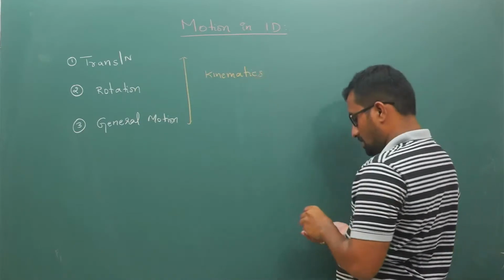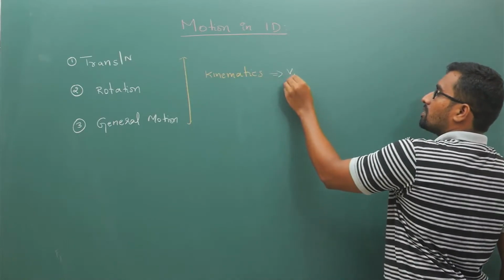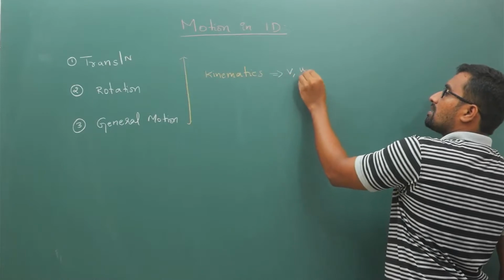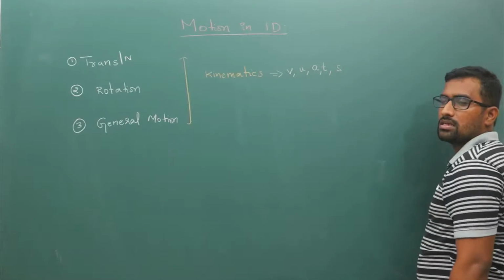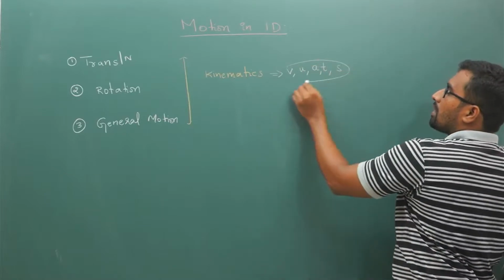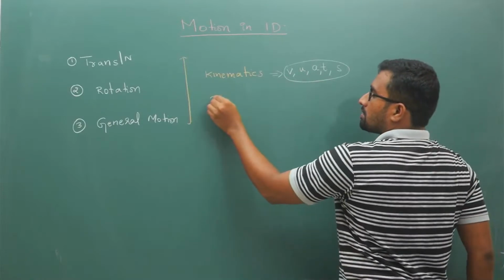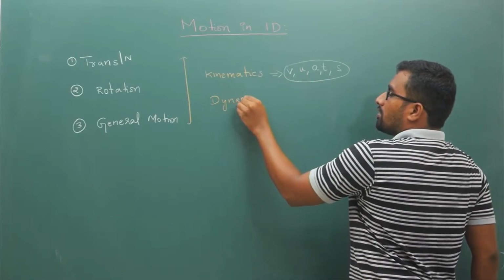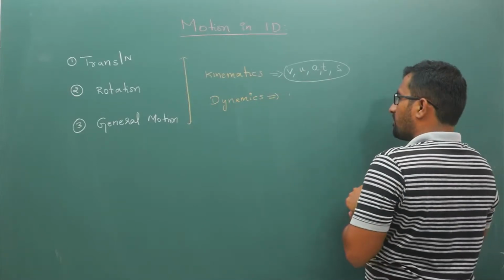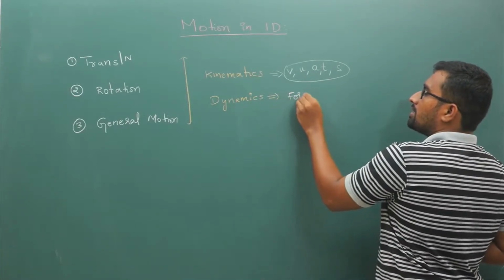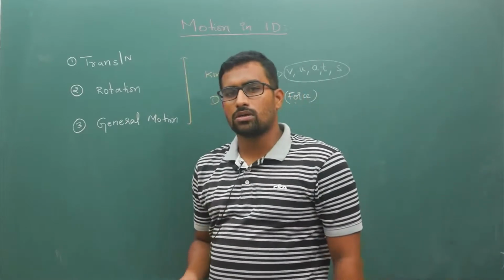You talk of velocity, initial velocity, final velocity, acceleration, time, displacement, all these values you are going to calculate in kinematics part. In dynamics part you will talk of force. Okay, so for now we'll stick only to the kinematics part.